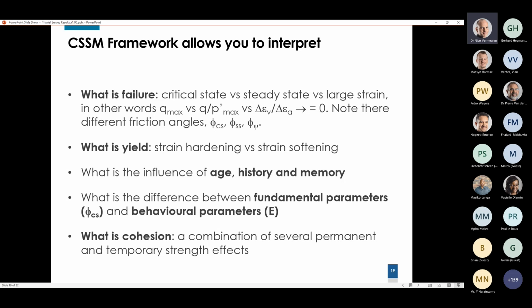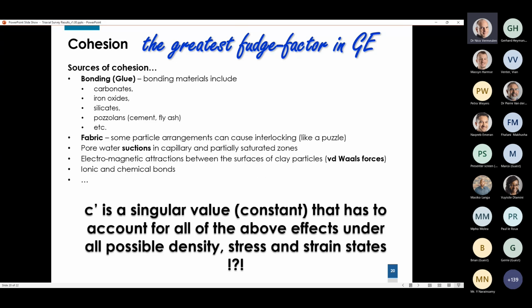And then finally, as we saw in the replies from the respondents, there is the whole concept of cohesion, which we have to understand is a very complex combination of several permanent or temporary strength effects, which I can best summarize by looking at the sources of cohesion. It's only once you understand the sources that you can assign cohesion to a test result.